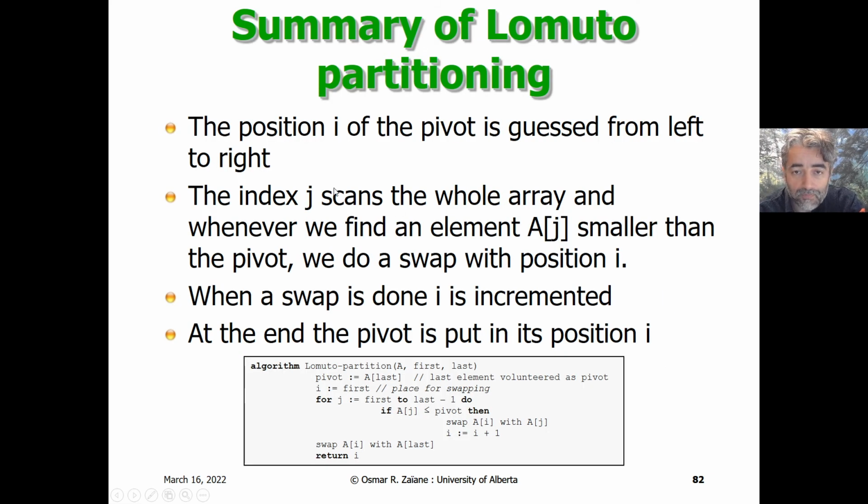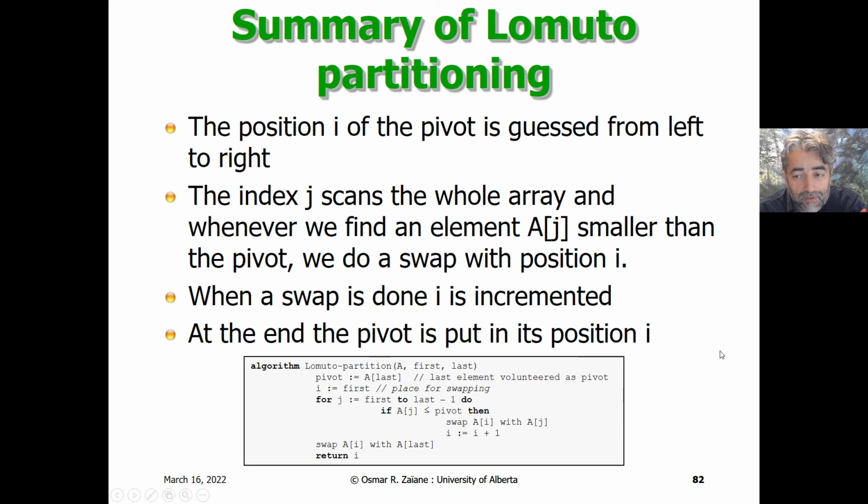So the position I of the pivot is guessed from left to right. When J is traversing, it is trying to guess the final position of the pivot, which we call I. J is scanning the whole array from the beginning till the end. When the swap is done, then I have a new position for I and so forth, and at the end that's the position of the pivot.